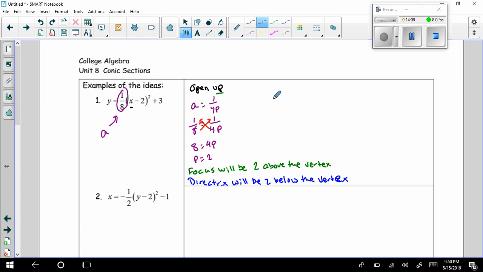Your vertex is h, k. So your vertex is at 2, 3. Remember to watch your signs. So here's your h, here's your k. So you think about above or below, those are y values.